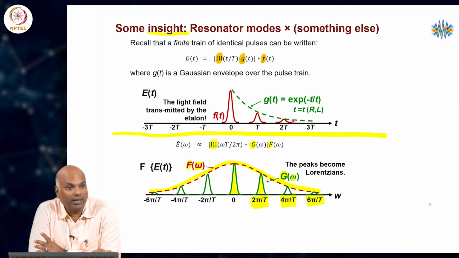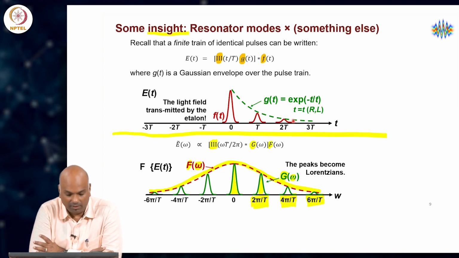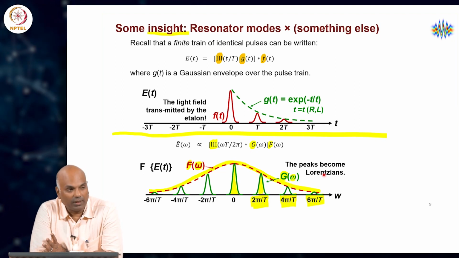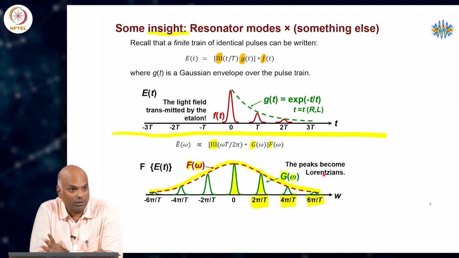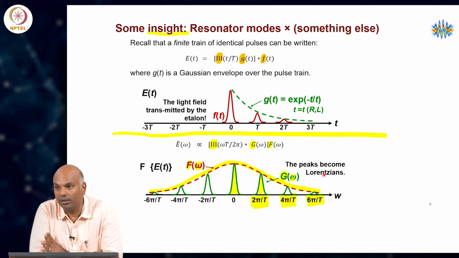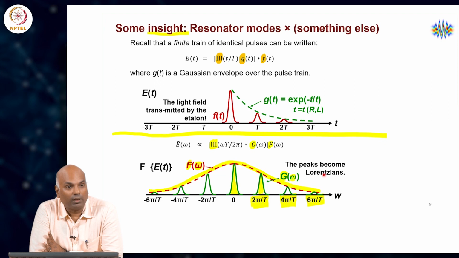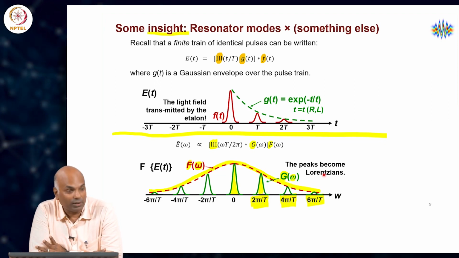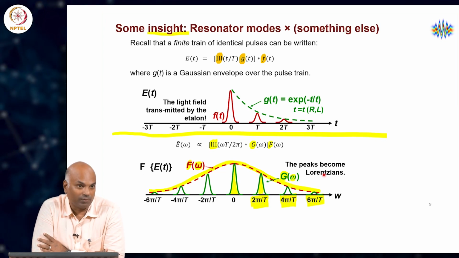You could gain some insight from the fact that this spectrum with the envelope corresponds to an echelon which we assumed was lossless and fully transparent, defined only by a reflectance R and the round trip length L. Okay. In as much as we say lossless, it is also gainless. There is no concept of a gain there.